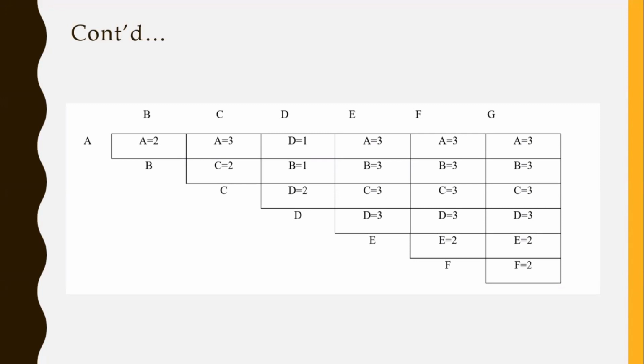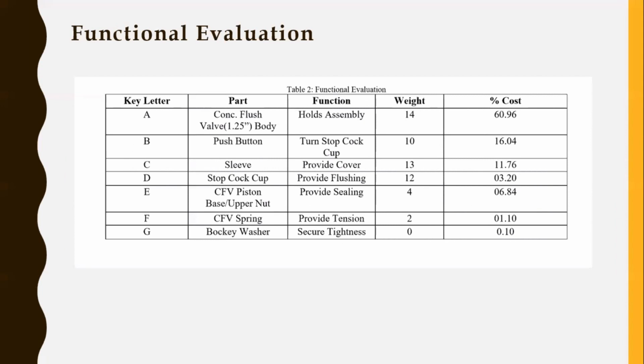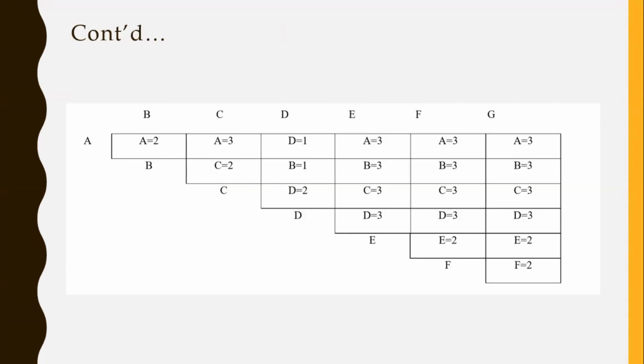Here you can compare each of the sub-functions in relation to others, okay? So take A, the valve, and that can be compared with the rest of the other 6 functional elements and see how important it is, right?